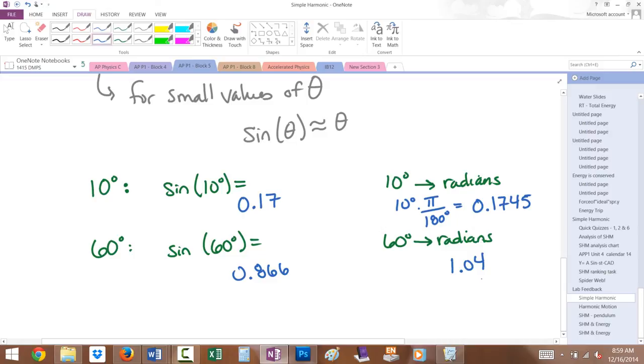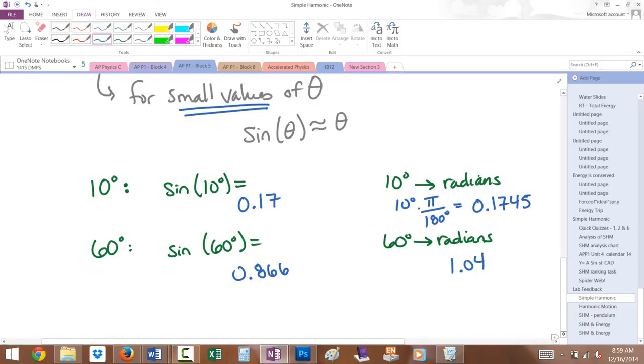So the game is that if you're talking about small values of theta, now every textbook says a little bit of a different thing. What does small mean? It's not like after you cross a certain threshold, then, oh my gosh, they're totally different. No. But generally, we're talking about things of about 15 to 20 degrees. Above 20 degrees is kind of where people say, not so much, okay?